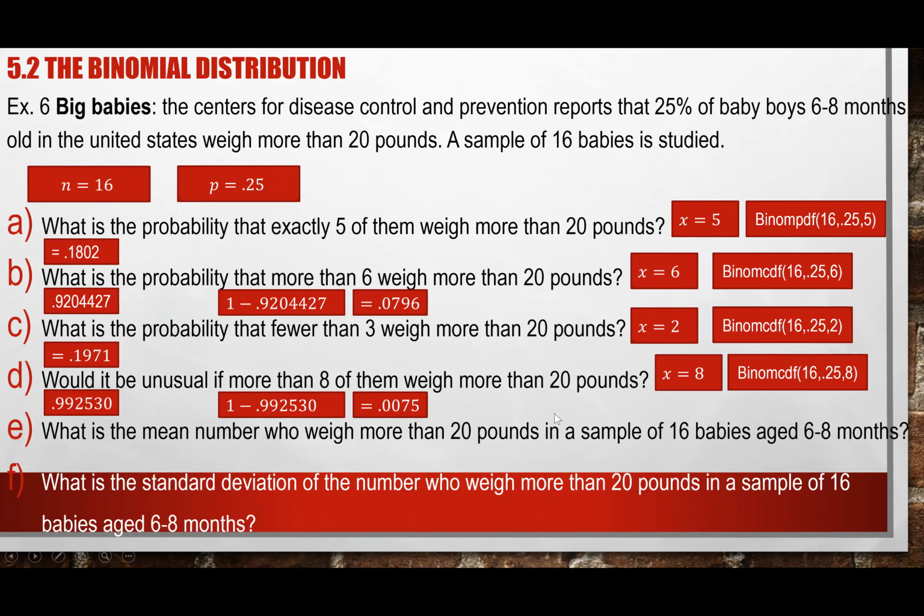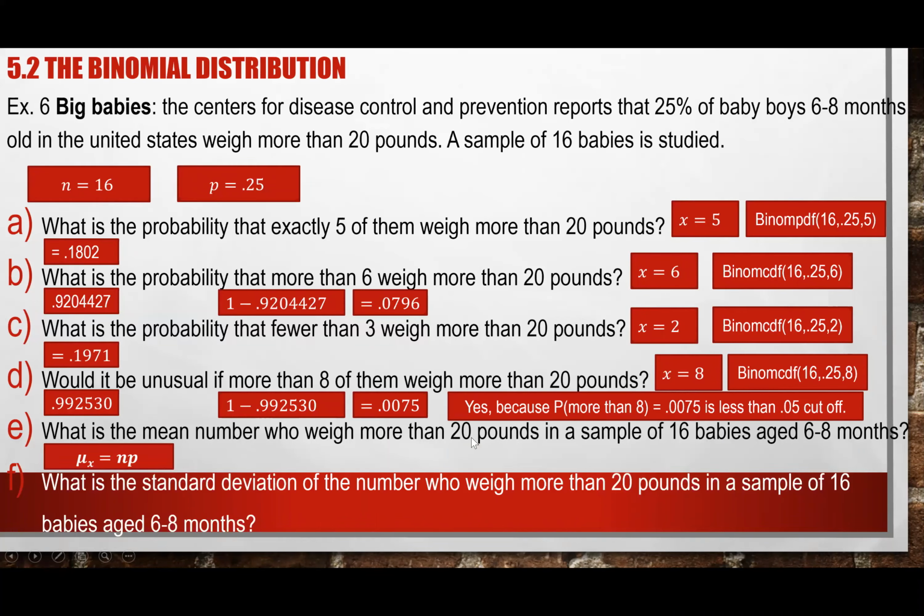And hopefully you can follow this. The next item here is, what is the mean of the number of babies who weigh more than 20 pounds? How do we find this mean? All we need to do is take n times p, which is what is on average.